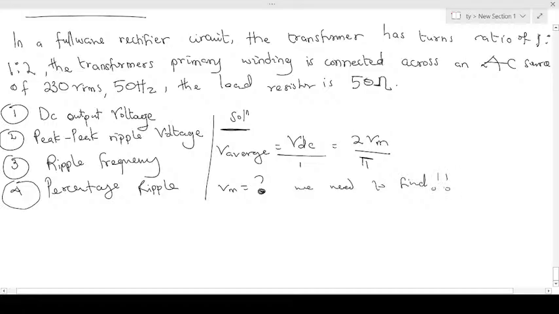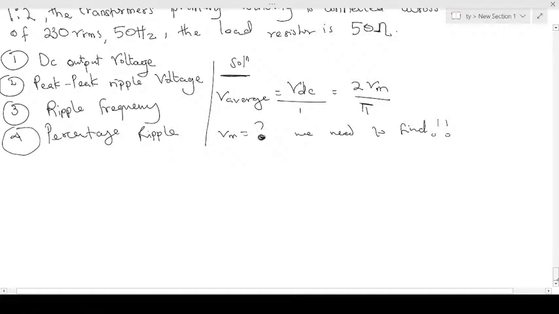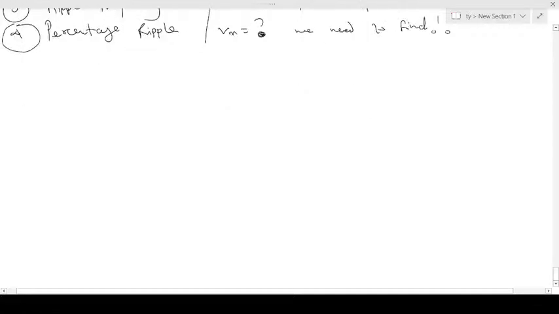Now, how do you find Vm? We find Vm by multiplying the root mean square value of the AC source voltage times root of 2.